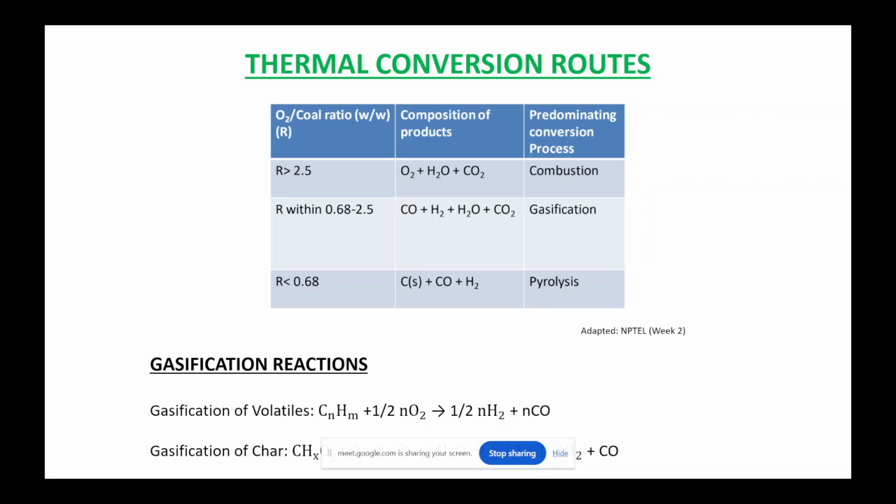So depending upon this, the heating value of these gases varies. The major reason why we are talking about this gas is because along with the gas, you are also going to get some amount of energy. So depending upon the type of gas that gets produced, the energy content is also going to vary. In case of syngas, the heating value is going to be more compared to that of the producer gas.